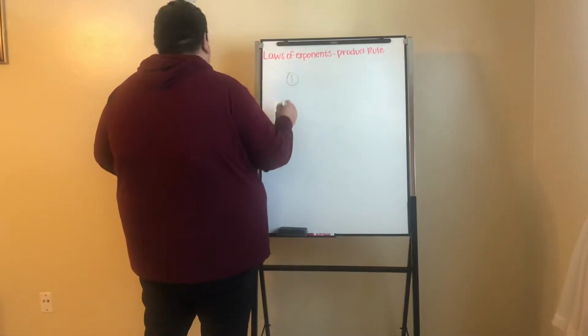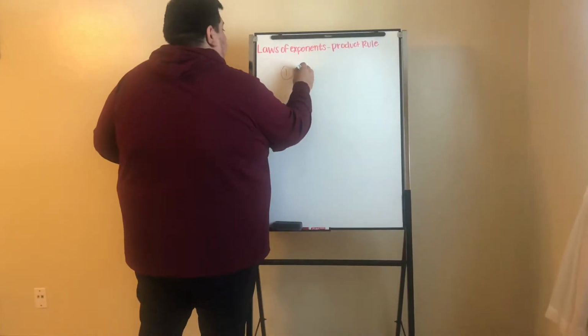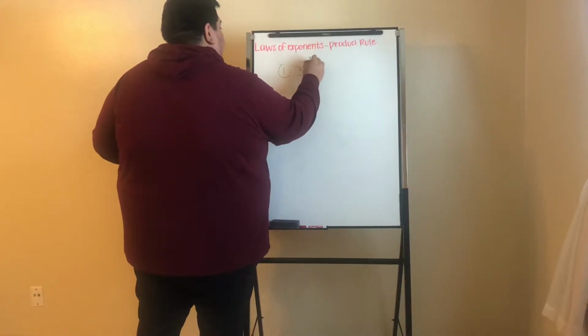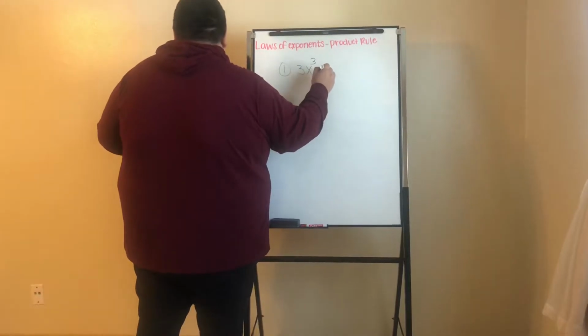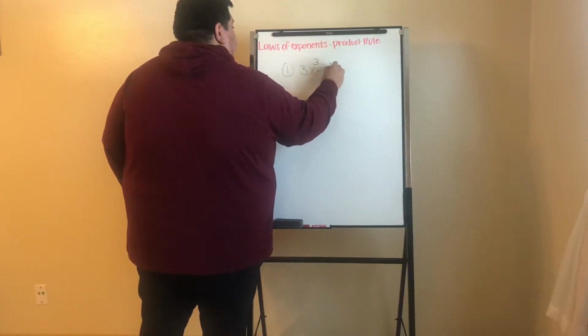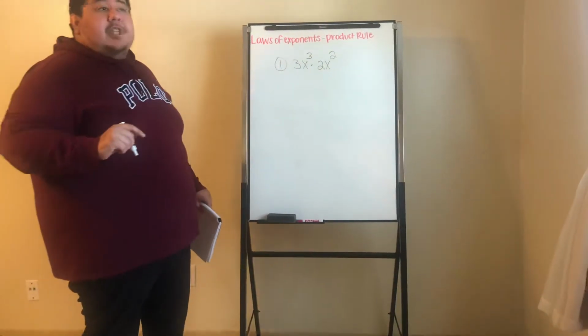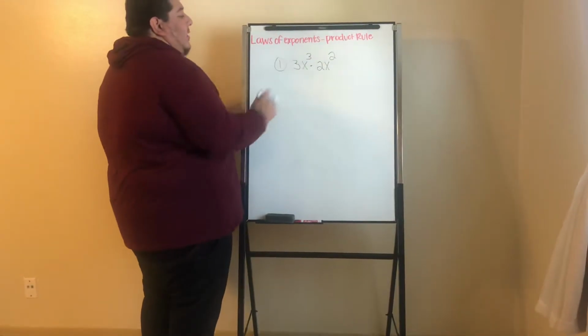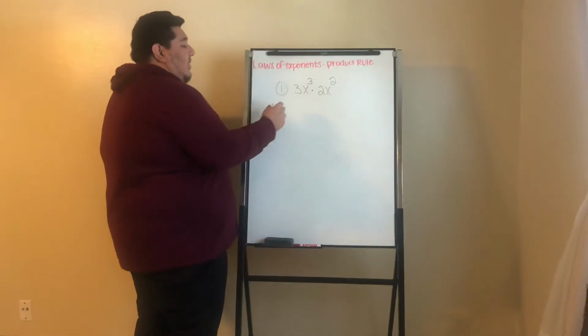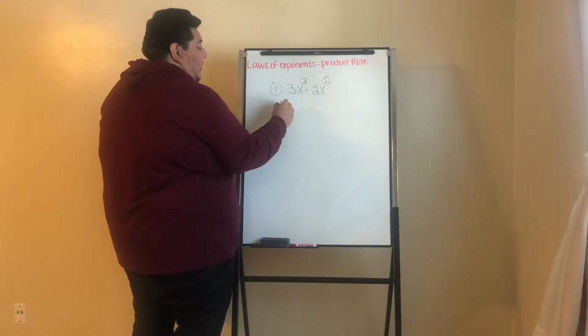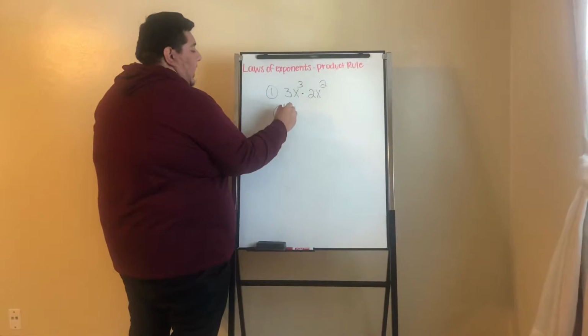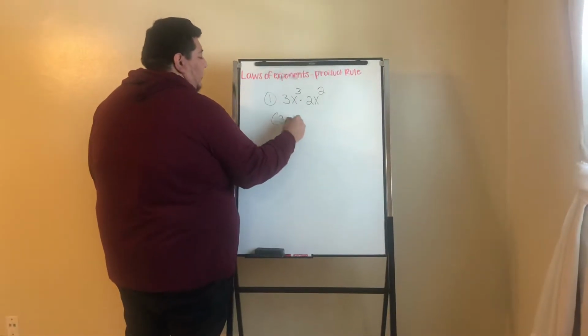Example problem number 1. You have 3x to the power of 3 times 2x to the power of 2. Now, when doing these problems, the first thing you need to do is start off with the coefficients. What are my coefficients? They are the number 3, I'm going to put them in parentheses, 3 times my other coefficient being 2.